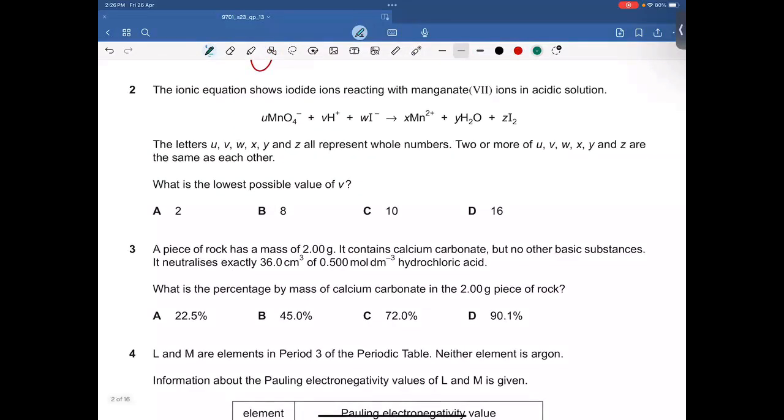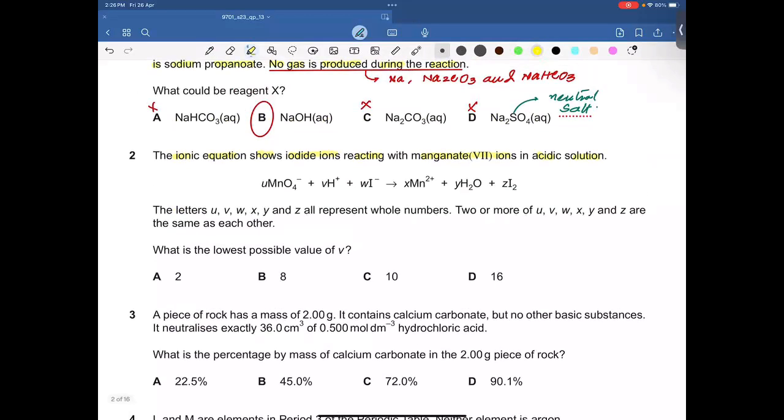Now the next question. The ionic equation shows iodide ions reacting with manganate(VII) ions in acidic solution. Iodide ions are basically reducing agents, and manganate(VII) ions are acting as an oxidizing agent in this reaction, and for acidic solution it is represented by H positive ions, right?